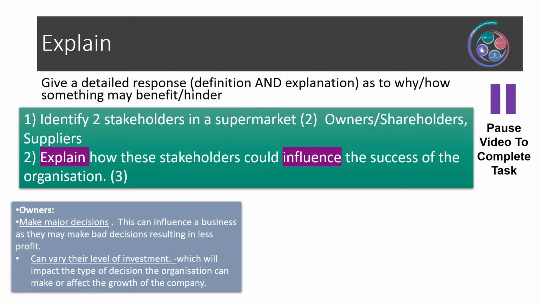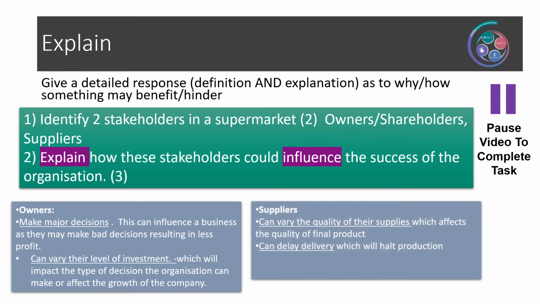This can influence a business as they may make bad decisions resulting in less profit. They can vary their level of investment, which can impact on the type of decision the organisation can make, or you could have said that it could affect the growth of the company depending if they withdraw or add-on funds.